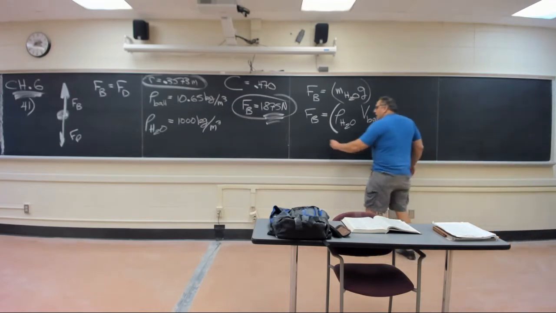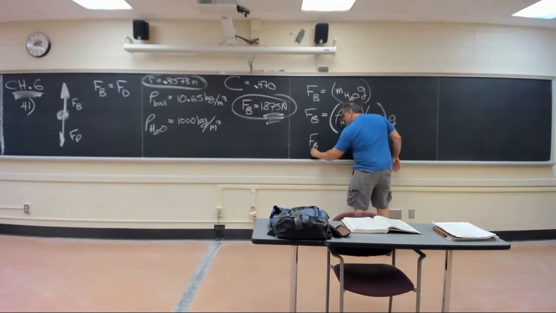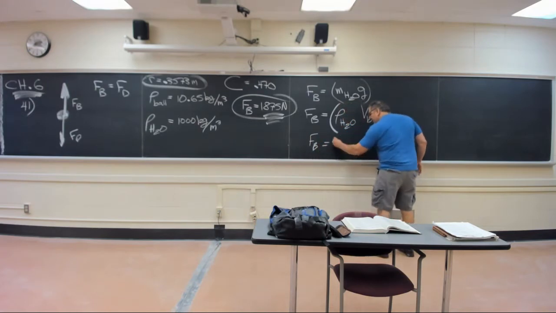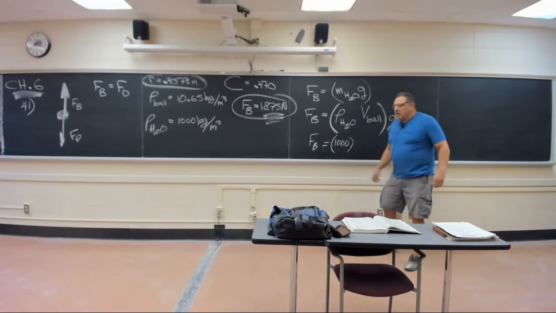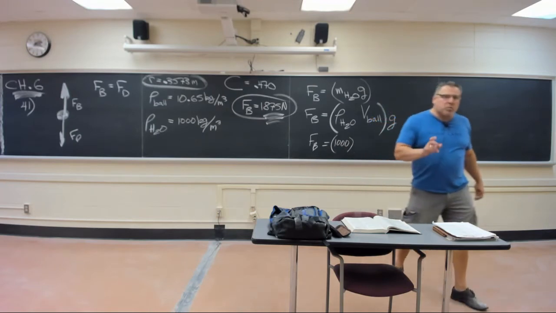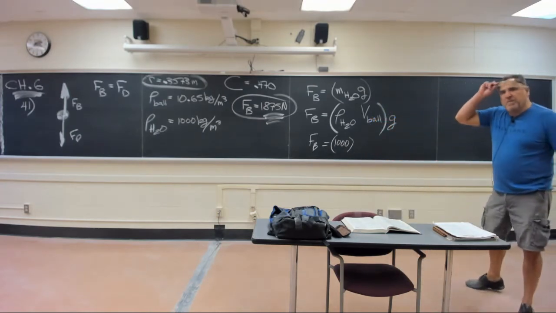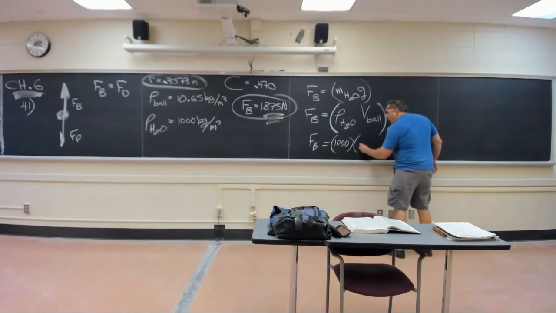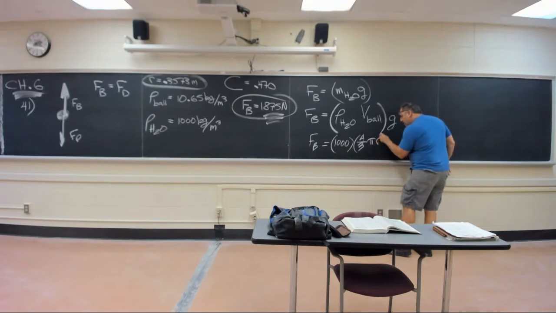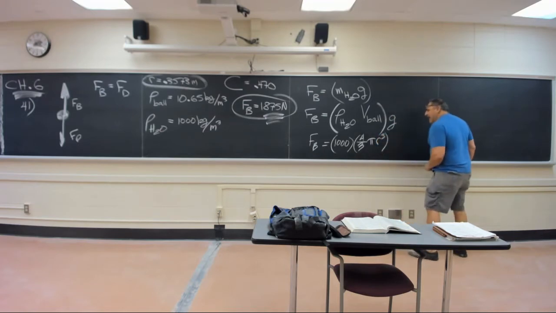Pretty neat. Let's make sure the units are right, at least we're consistent with units. The mass density of the water is 1,000 kilograms per cubic meter. The volume of the water that is displaced is the volume of the ball.